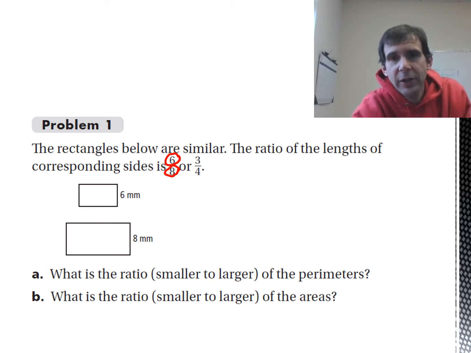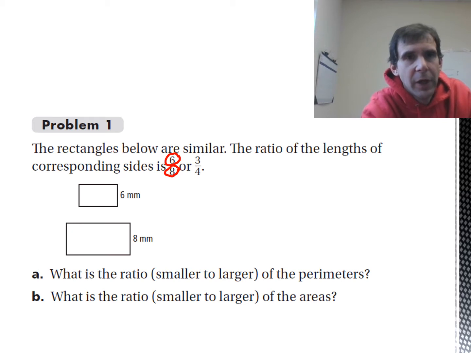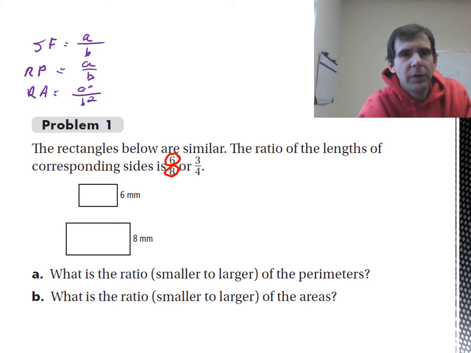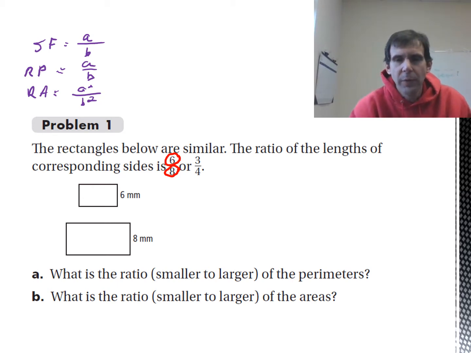So we know that the ratio of the scale factor is A over B. You've got this on our Sway document there. The ratio of perimeters, I'm going to put that as RP, is also A over B. And the ratio of areas is A squared over B squared. So what is the ratio of the perimeters?